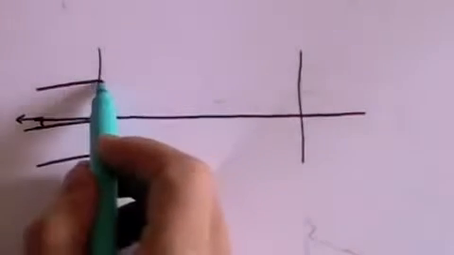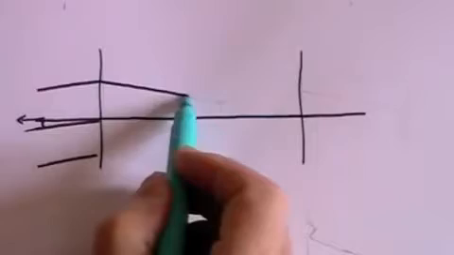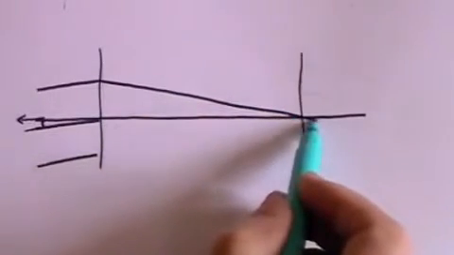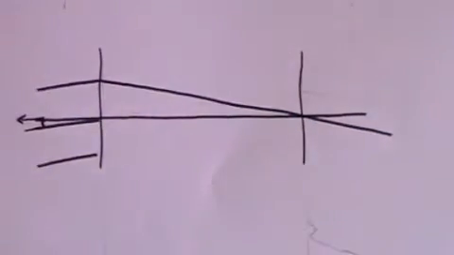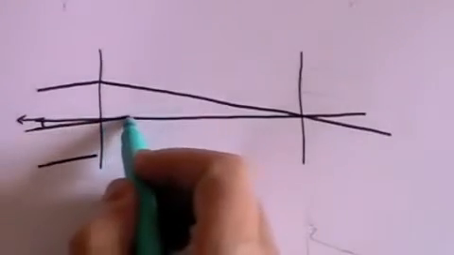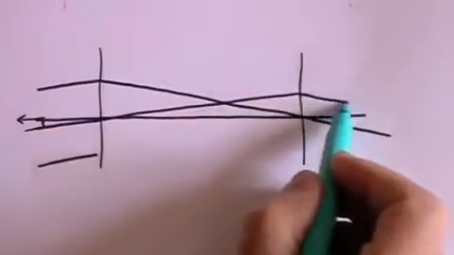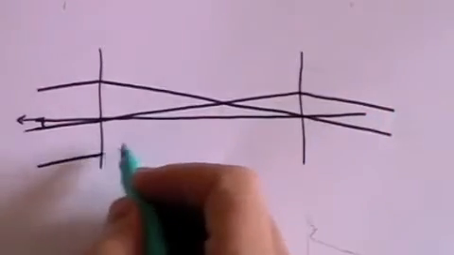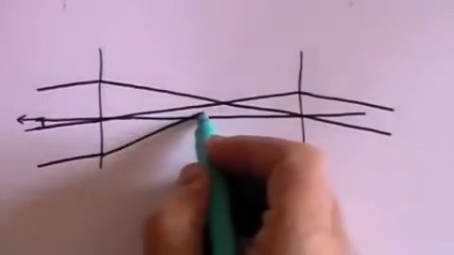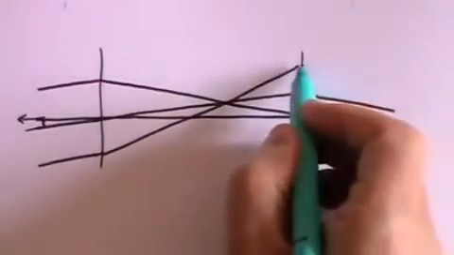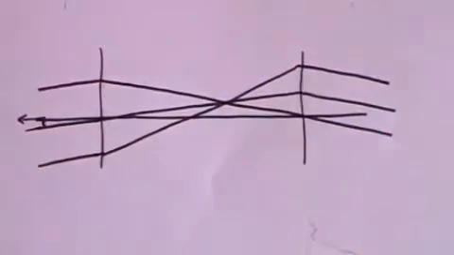Well, this light will be refracted down here and out of the other side. This light here will be like this, and it will be refracted, and this light here will be refracted and come out the other side.